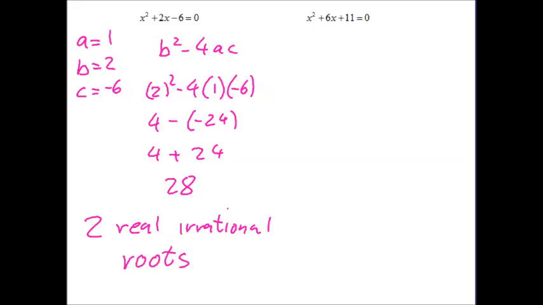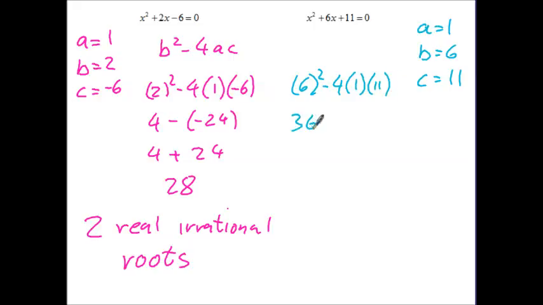In our next example, a is equal to 1, b is equal to 6, and c is equal to 11. So we have 6 squared minus 4 times 1 times 11. 6 squared is 36 minus 44, which is -8.